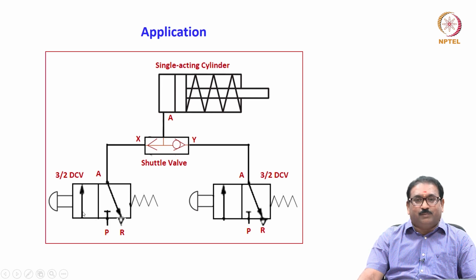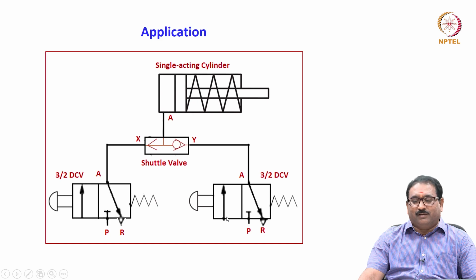When you press this button, what happens, friends? The P line is connected here, the ball slides here, and the head end receives the flow from the left side 3/2 DCV. If you want to send a flow from the right side, what will you do?